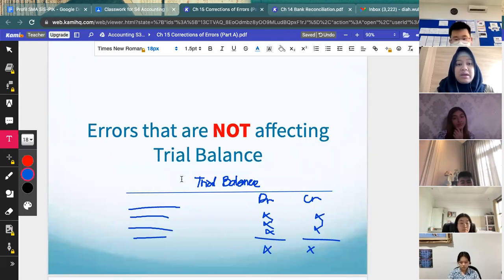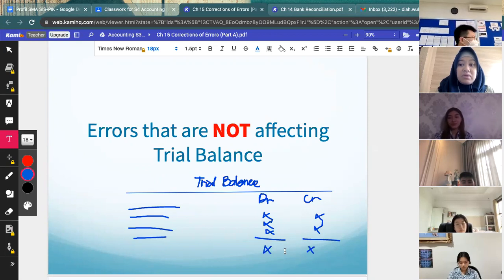There are two types of errors, errors that are not affecting trial balance and errors that are affecting trial balance. We are studying the first one, which is not affecting trial balance. What it means by not affecting trial balance is that when the error happens in the business, your trial balance is still showing an equal balance. It is still balanced. Yeah, we know that if the trial balance is equal, most probably there will be no errors.